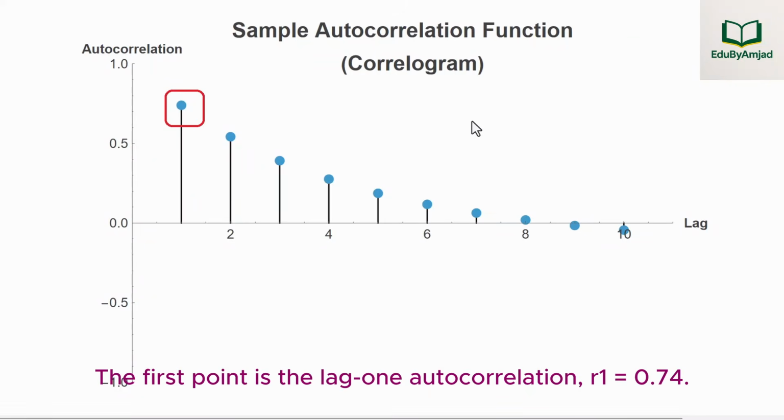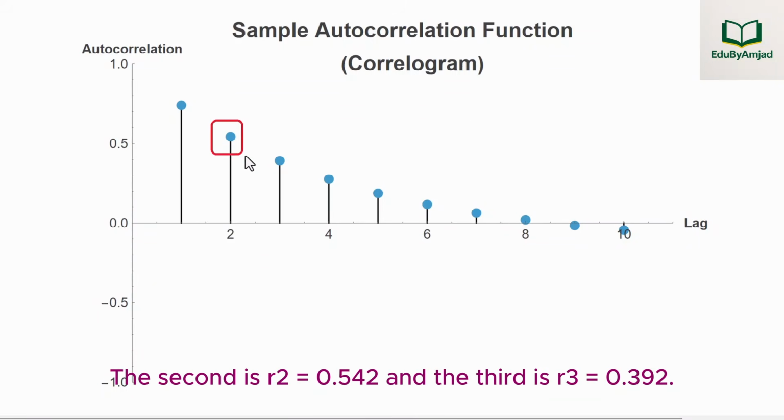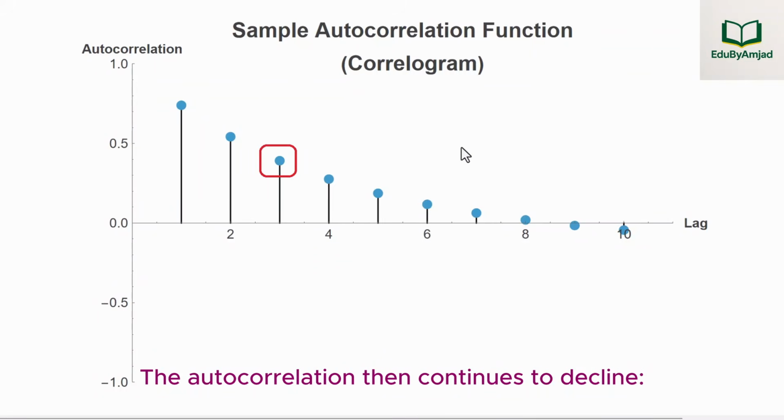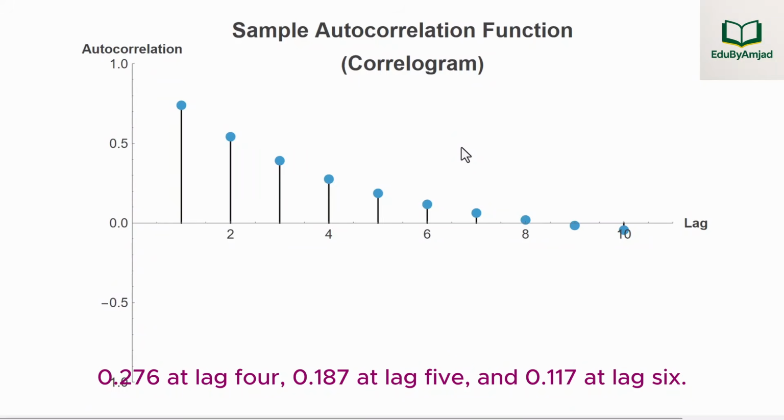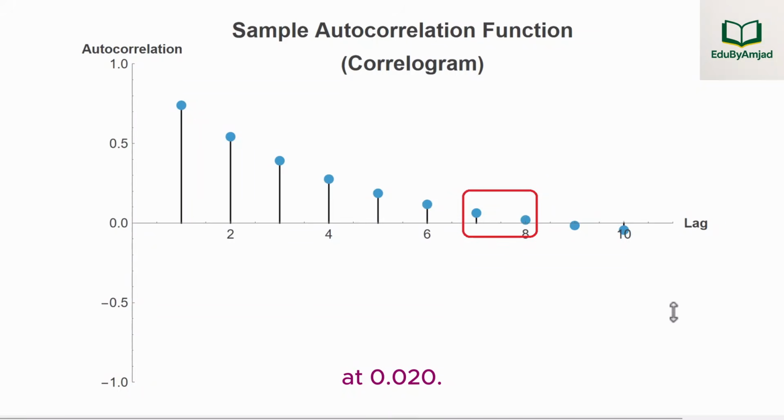The first point is the lag 1 autocorrelation, R1 equals 0.74. The second is R2 equals 0.542, and the third is R3 equals 0.392. The autocorrelation then continues to decline, 0.276 at lag 4, 0.187 at lag 5, and 0.117 at lag 6. By lag 7, it has fallen to 0.063, and by lag 8 it is almost 0, at 0.020.